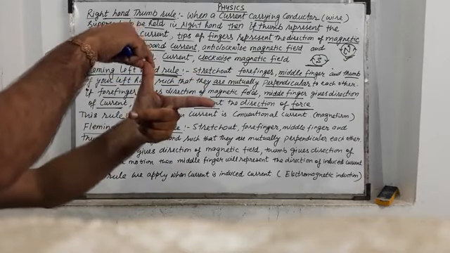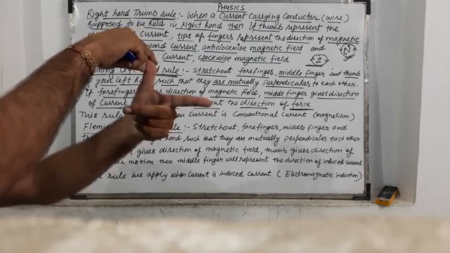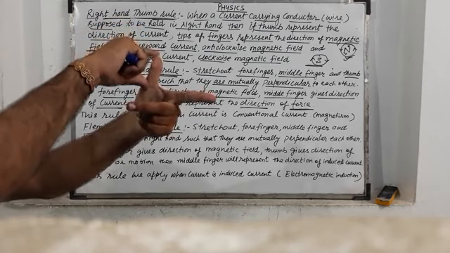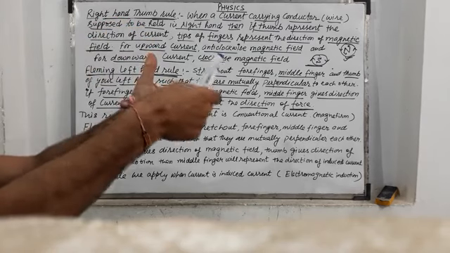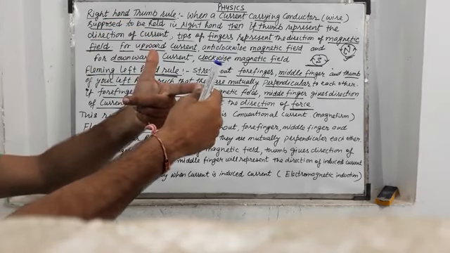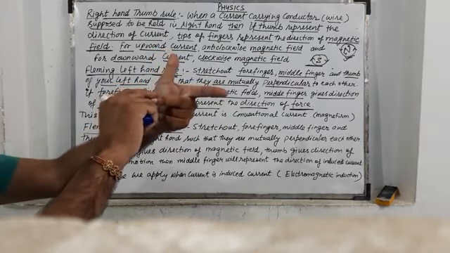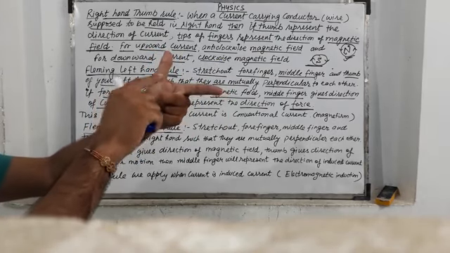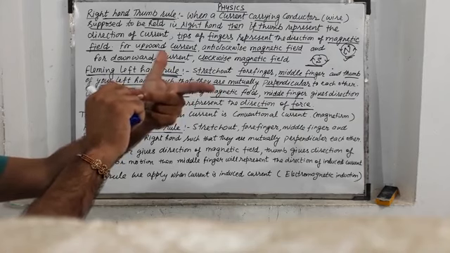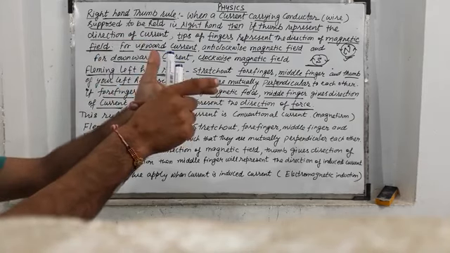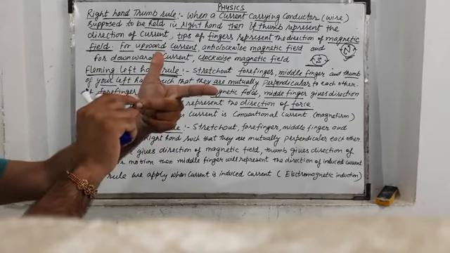This represents force. So the shortcut to learn this is: force means father, magnetic field means mother, current means child. Okay, force means father, magnetic field means mother and current means child.